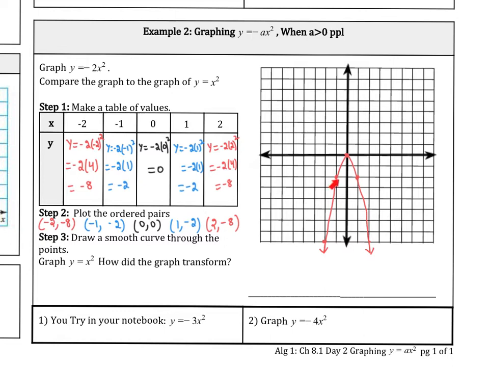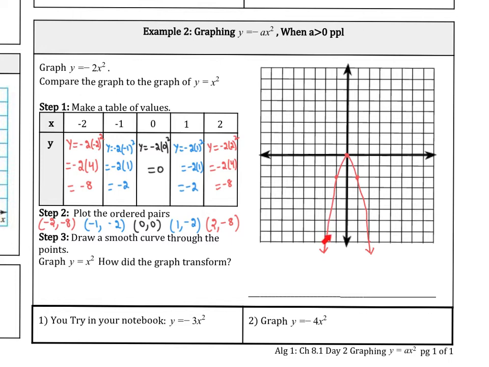Negative 1 comma negative 2 is this point. 0 comma 0, 1 comma negative 2, and 2 comma negative 8. You connect these points and you will get this smooth graph.